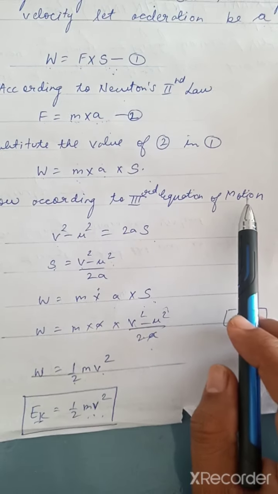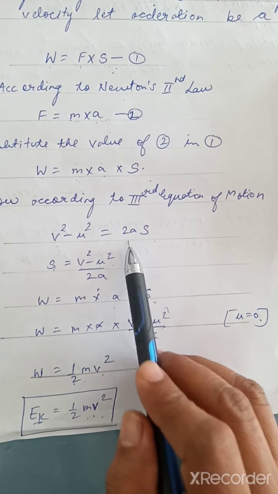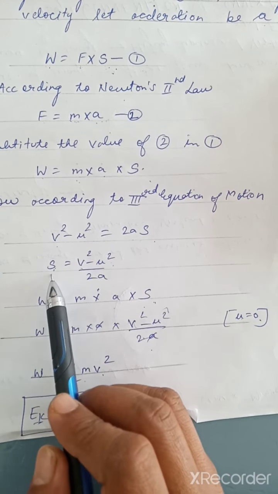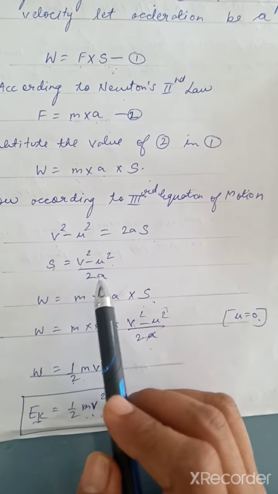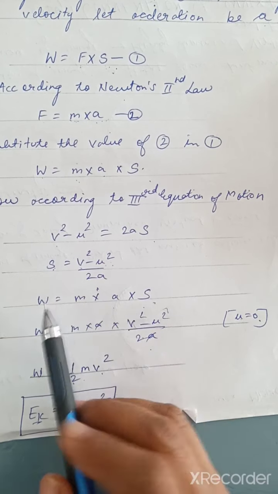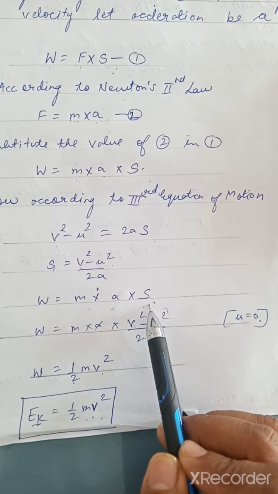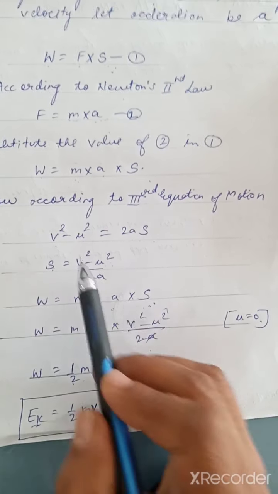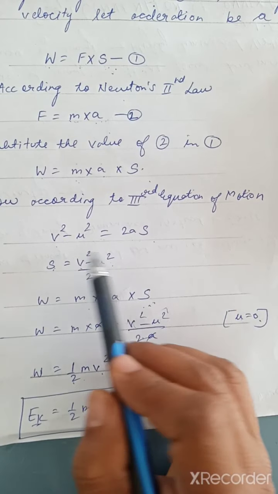So you write m into a into S. And according to the third equation of motion, v square minus u square equals 2as. When you separate s, you get v square minus u square upon 2a. Again we write the equation W equals m into a into S, and in place of S you substitute v square minus u square upon 2a.